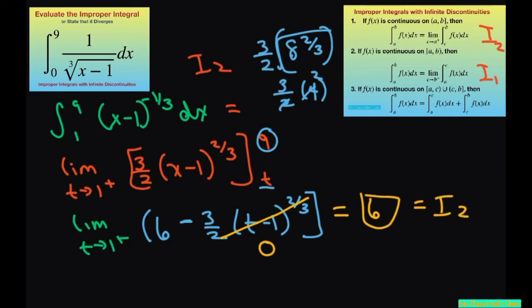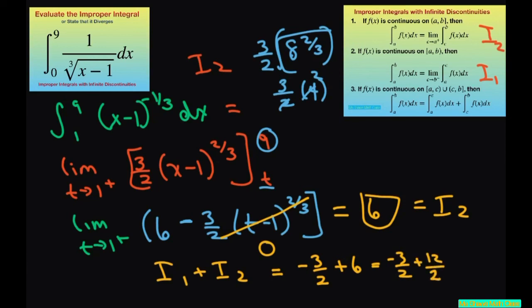Now we're going to add integral 1 plus integral 2, and that's going to be negative 3/2 plus 6, which is negative 3/2 plus 12/2, which equals 9/2. So that's your answer, and since it converges to a value, this is convergent.